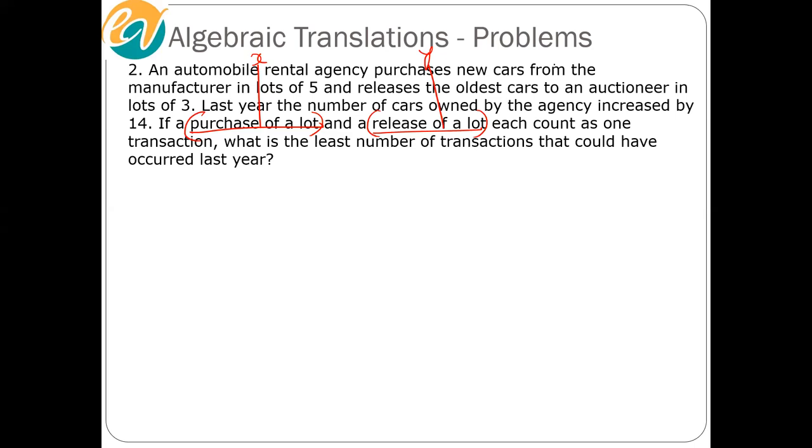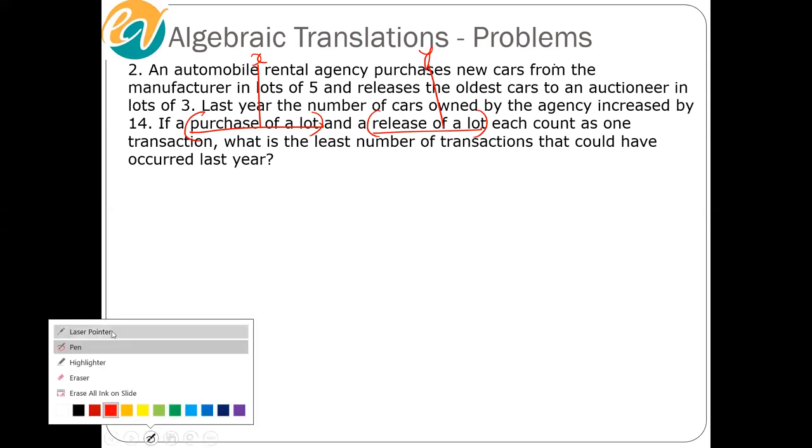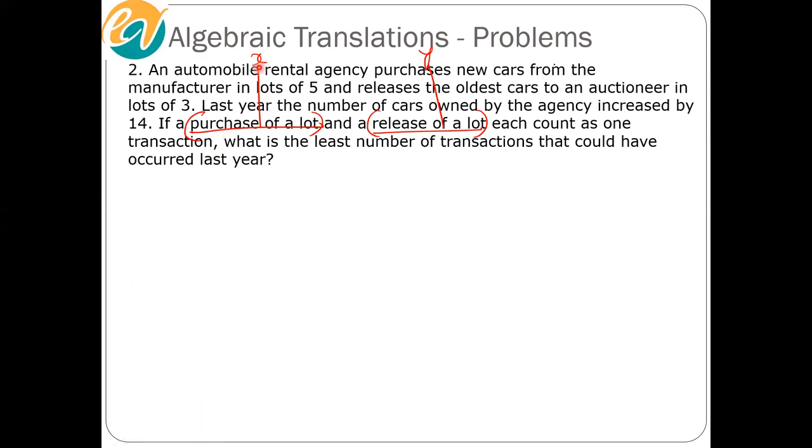All right. So since purchasing a lot happened X number of times, can you tell me how many new cars were purchased? 5x. Very nice, because purchasing happens in lots of 5. And since X number of such transactions happened, the number of new cars bought by the automobile rental agency was 5x.